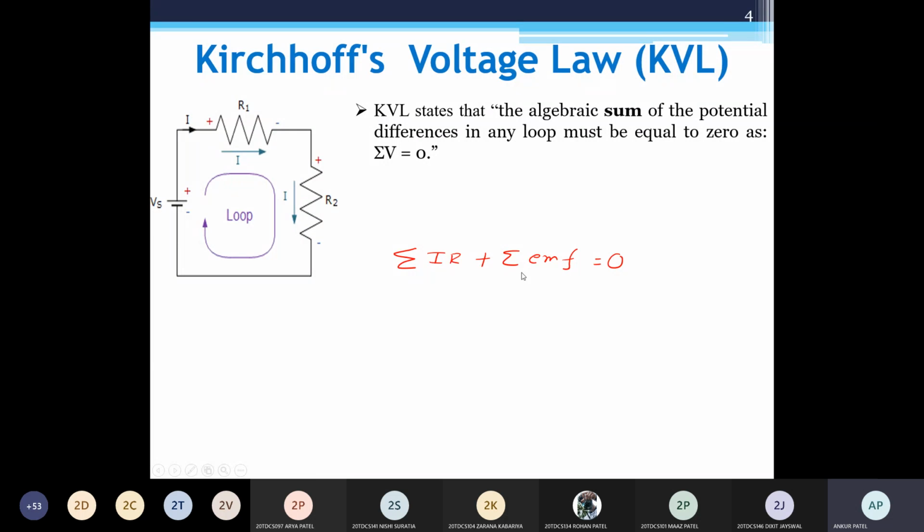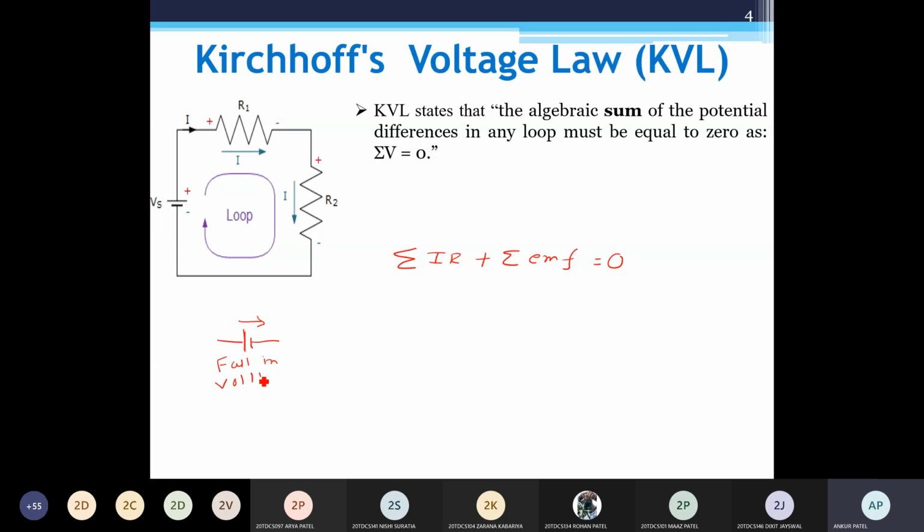Also, we discuss some rules. In the rules, when we are moving or traveling from positive to negative, there is a fall in voltage.